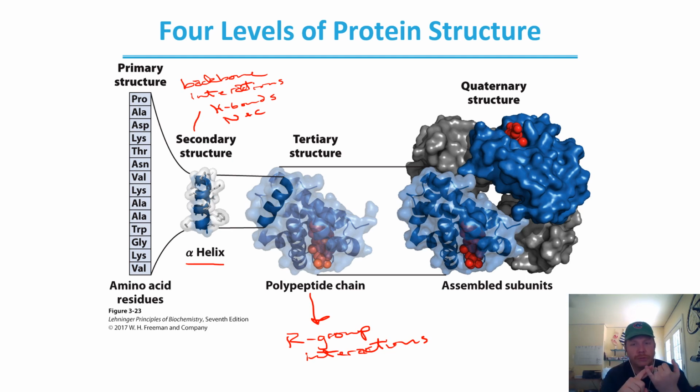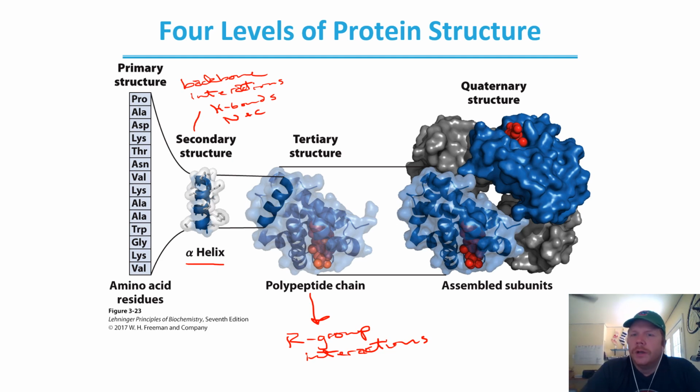There can be hydrogen bonding in the tertiary structure, but again, it's hydrogen bonding between the R groups, or an R group and N termini, whereas your secondary structure is interactions that are solely the backbone. So the N termini and C termini interacting with one another is secondary structure. If one of them interacts with an R group, then you're talking about tertiary structural stability.